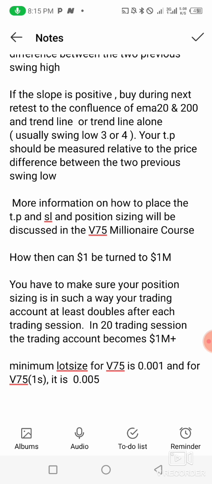Make sure you start by opening one position with a lot size of 0.005 and then monitor that position. Once it is in steady profit, not that it will be in profit and then go right back, then come and monitor the chart.